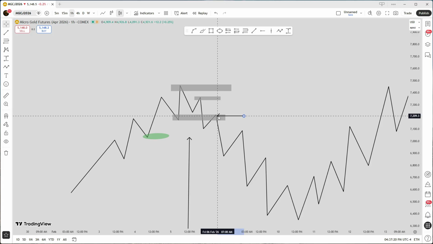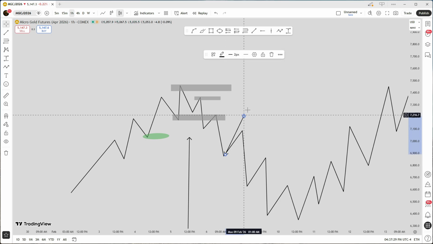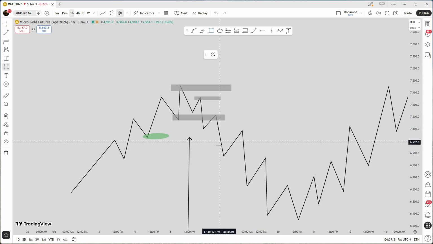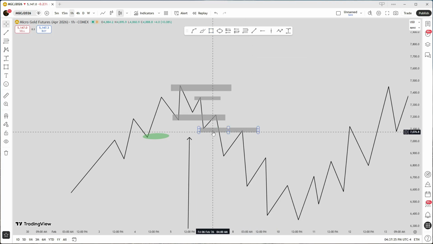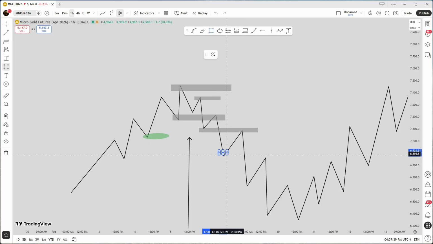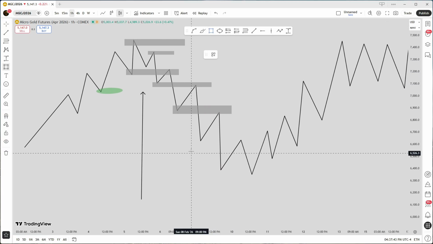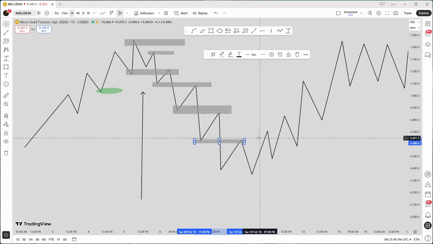Right? So now we have this lower high here, but below this level, automatically you know you're going to get a lower low. Simple as that. And you just continue riding this. So this is the last low, last high, last low, lower high, lower low, lower high.